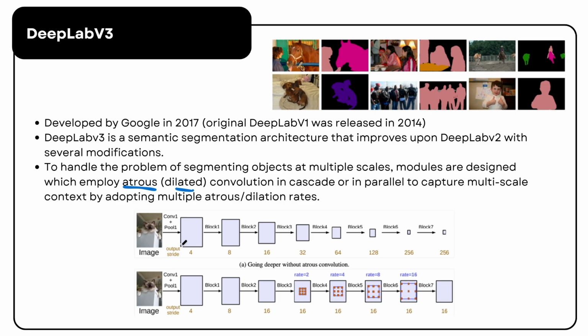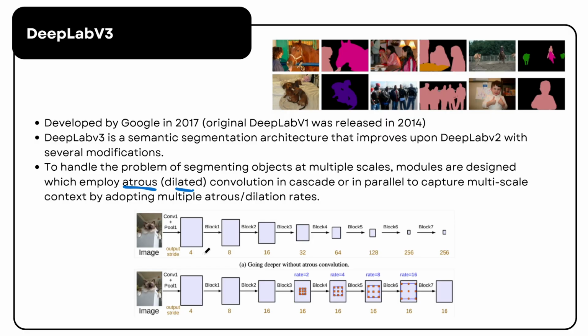So as you see in this diagram, DeepLab V3 applies multiple atrous convolutions in parallel, and then it has different levels of dilation rate.